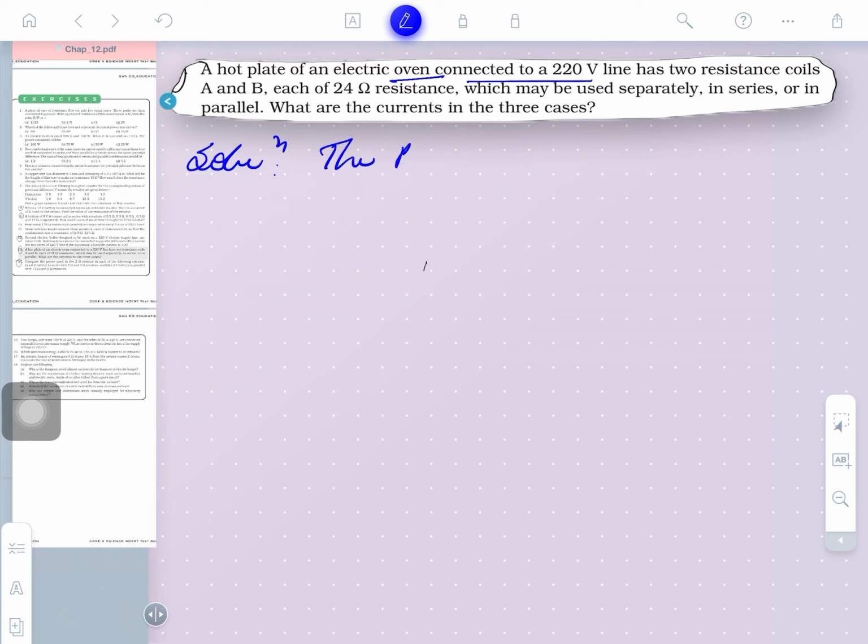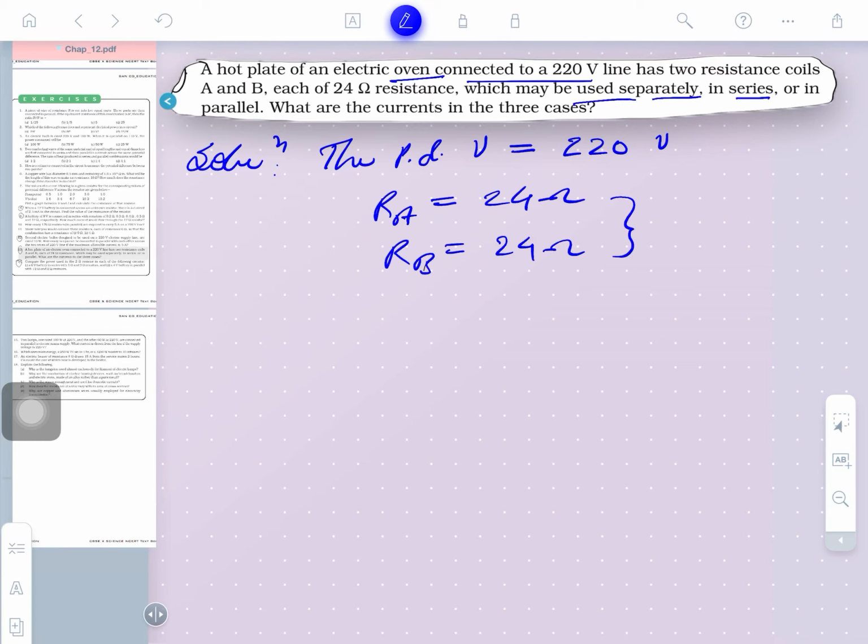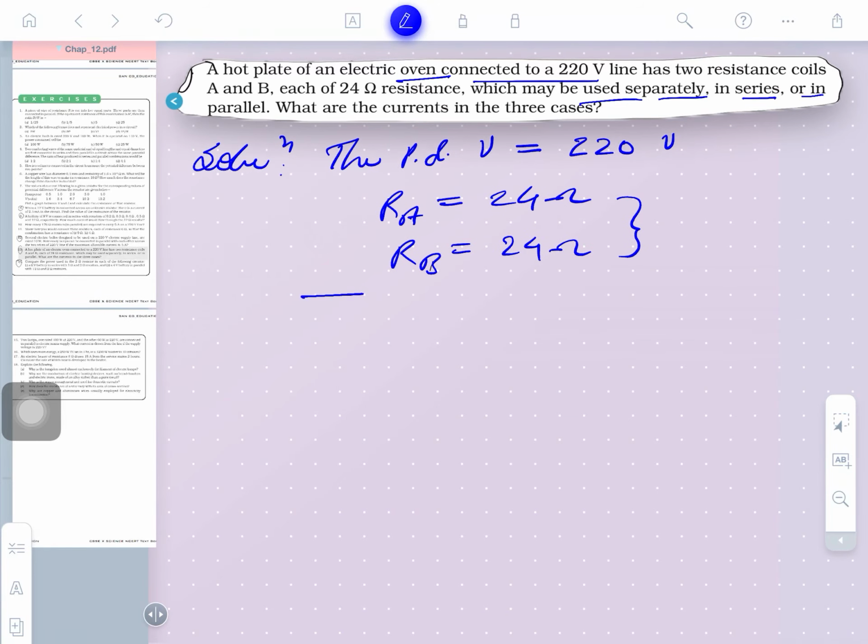The voltage, the potential difference, is called V, and it is 220 volt. This is also called voltage difference. It has two resistance coils, RA equal to 24 ohm and RB also 24 ohm.